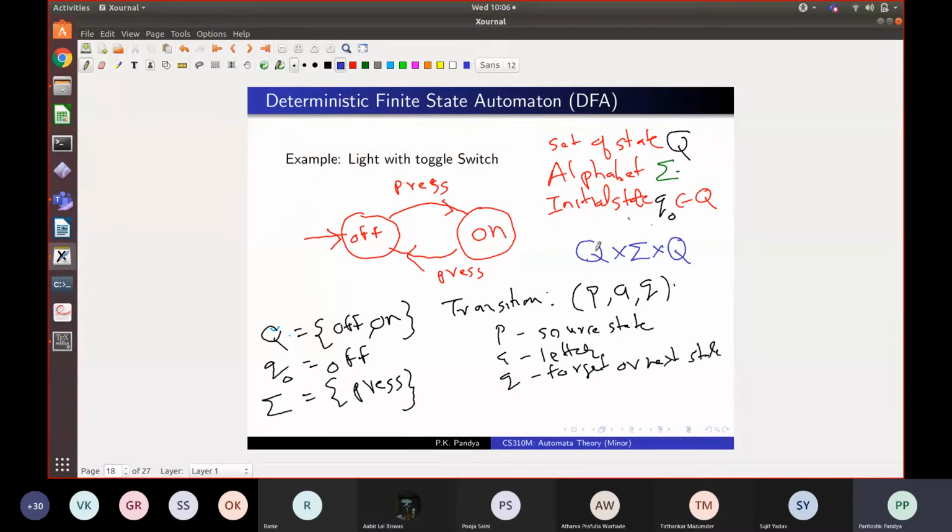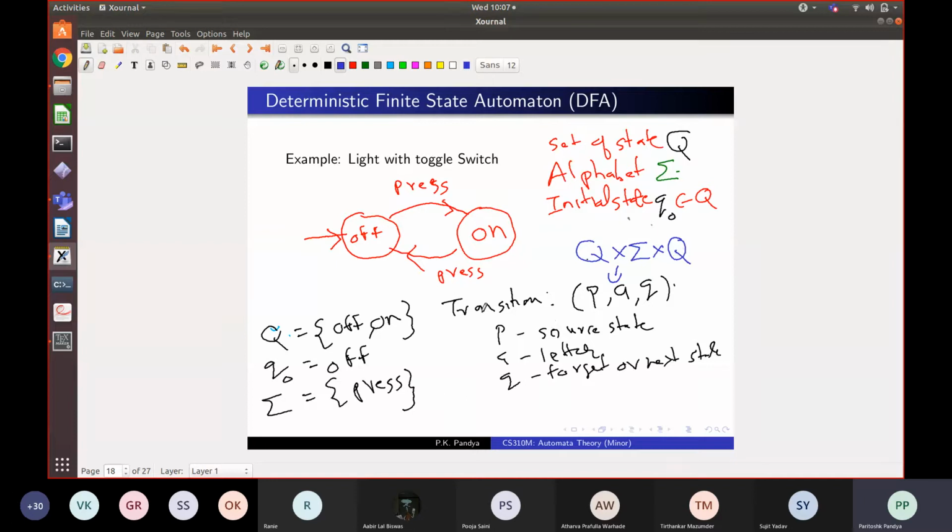It's a set of 3 tuples, like this, where the first element is one of the elements of Q. The middle element is from this alphabet sigma, and the last element is from the set of states Q, right? And this should belong to that. Okay. So transition as a triple has this structure, but I will talk more about transitions.